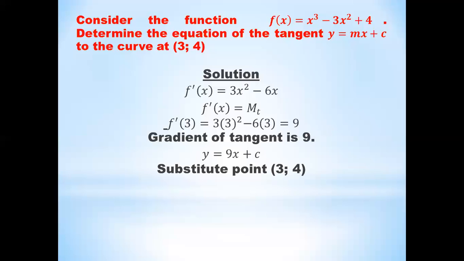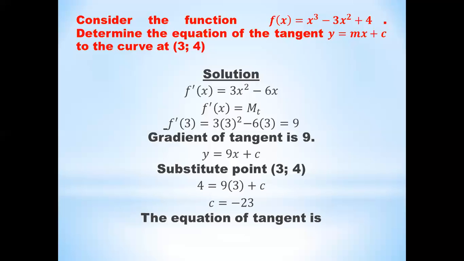Since it is a tangent to a curve, the point that you are going to use must be the point of contact. So (3, 4) will be substituted, where x is 3, y is 4. As we do that, the answer is obvious. c is equal to negative 23. And that negative 23 is the y-intercept of the equation. Therefore, we have y is equal to 9x minus 23.